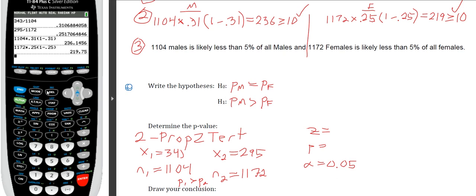All right. With all that, we can run that. Again, go into test, and we're looking for 2-prop Z test, which should be the 6th option. Plug in our values appropriately, so 343, 1104, 295, 1172, and we want greater than.